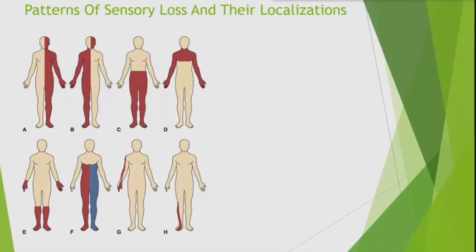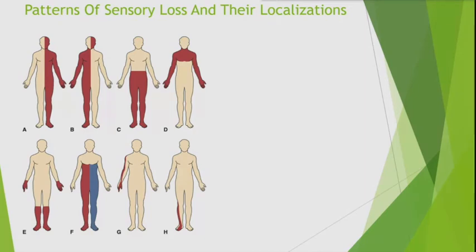Now coming to picture C, what do you find? It's a transverse thoracic spinal cord lesion. Okay. And what else has happened to picture D? Central cord lesion, like cape distribution of spinothalamic. That's very good, excellent. And picture E?